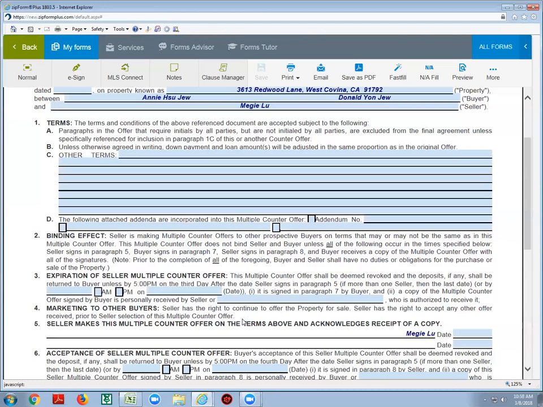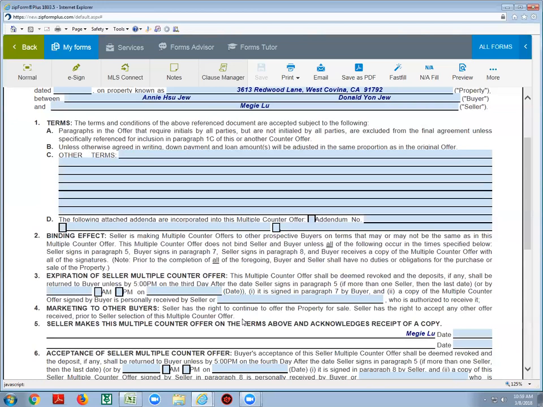So I put it in an addendum, and we don't have to turn it in to escrow as long as the buyer and seller agree. Is that a binding agreement? I tell you, once you have both parties' signatures on the same form, that's a binding agreement. Initials don't count. It has to be a signature.